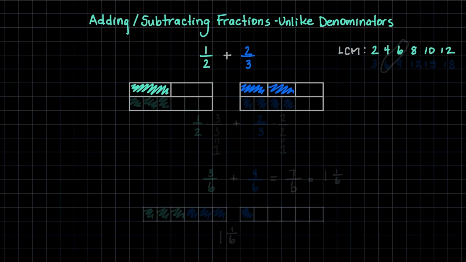For 3: 3, 6, 9, 12, 15, 18. Now, 6 is common between both, and 12 is common between both. And remember, those keep going. I'm just stopping there. But 6 is the least or smallest common multiple between 2 and 3. So now I know my common denominator is going to be 6.